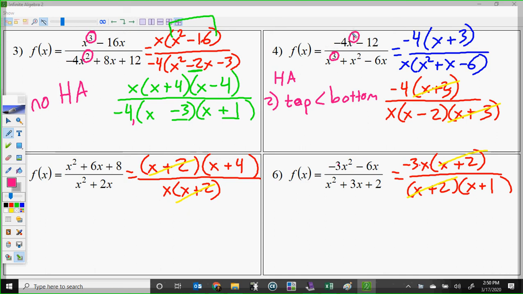Well, whenever the exponent of the top is less than the bottom, my horizontal asymptote is y equals 0. Always y equals 0. Every time the top exponent is less than the bottom exponent, your horizontal asymptote is y equals 0. Doesn't matter what all the other numbers are, y equals 0. Okay, so that's what that one is.